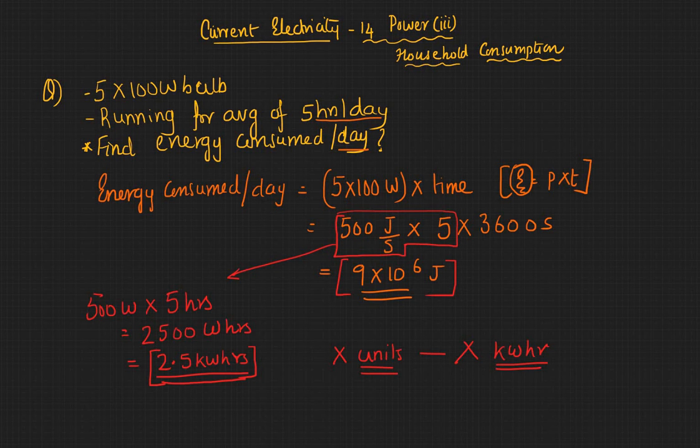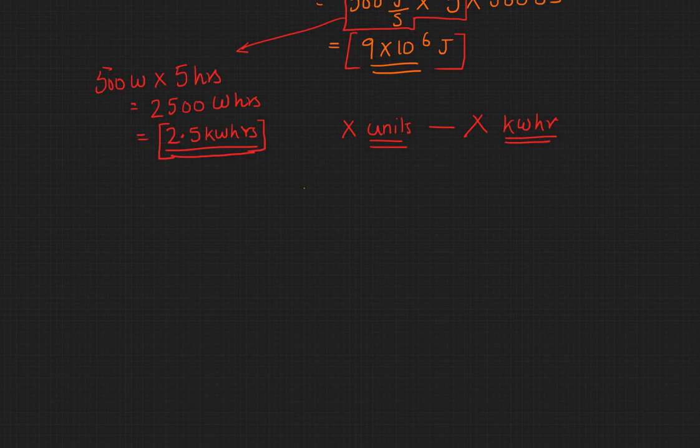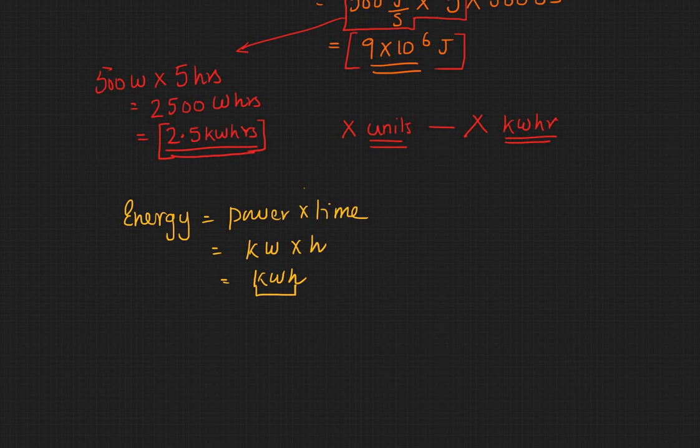So we can say energy is equal to power into time, that's kilowatt into hour, and that's kilowatt hour, and this is a commercial unit. So when you hear 1 unit, it's 1 kilowatt hour.